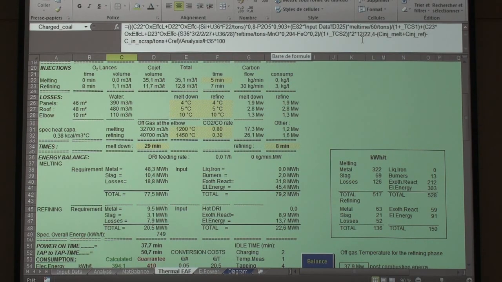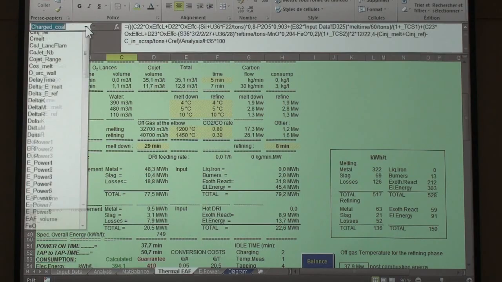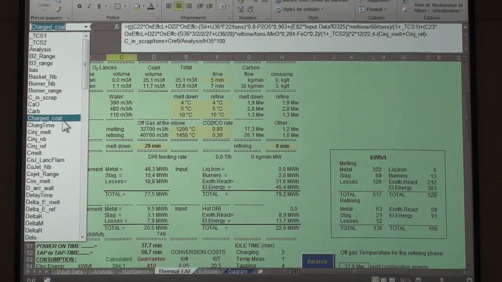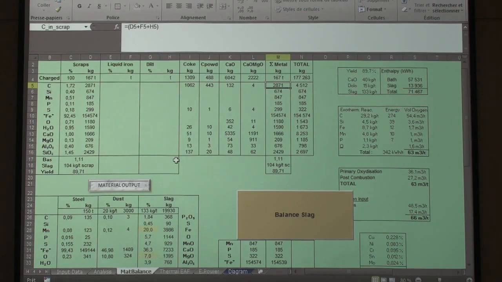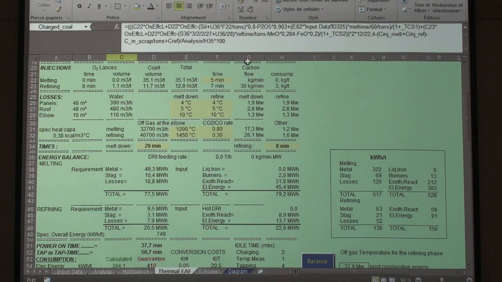Okay, so this is the total carbon, and of course you have injected carbon, so you have to deduct the injected carbon, and you have to deduct the carbon in scrap. C in scrap. Yes. This is this one. Okay.